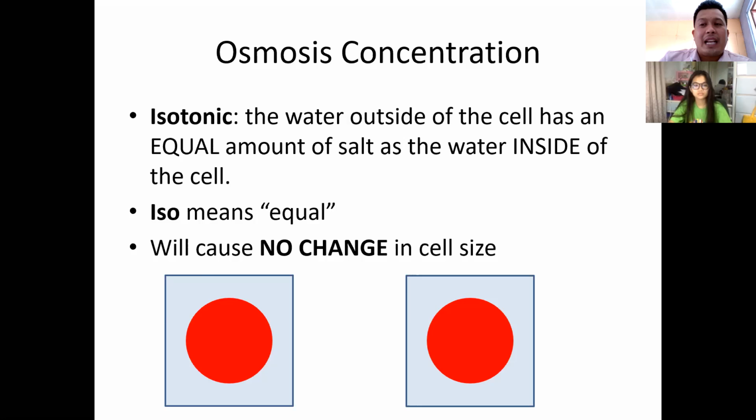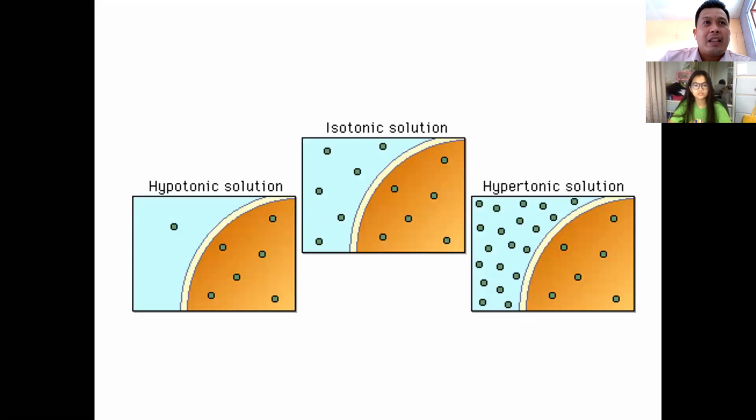The next picture, class, understand the green ones. These are the salt solute. These are the solute present in the extracellular fluid or the interstitial fluid and in the intracellular fluid or in the cytoplasm. For isotonic solution, you have 6 molecules of salt in the inside and 6 molecules of salt in the outside. That's for the isotonic.